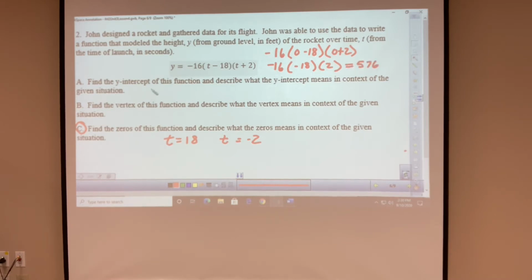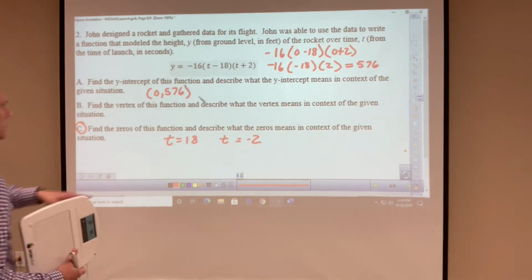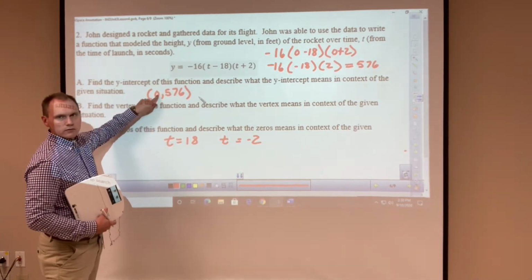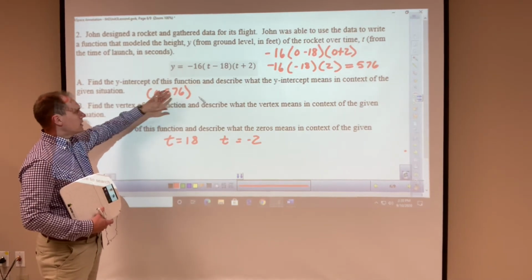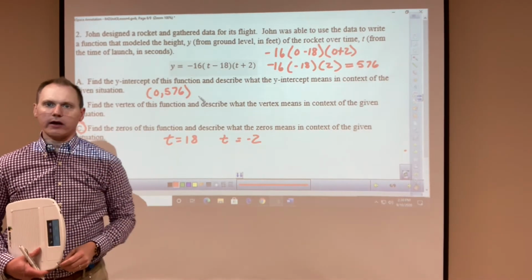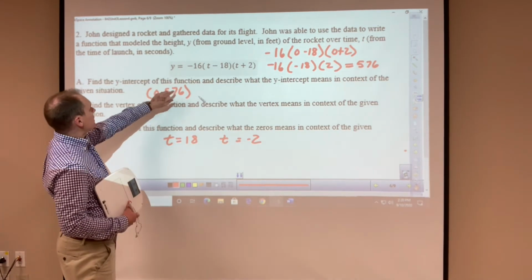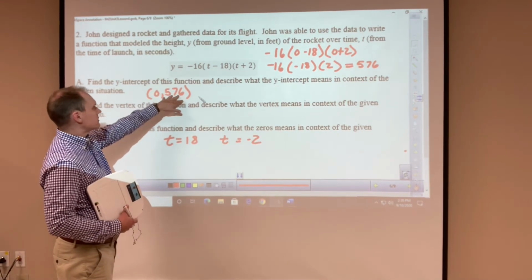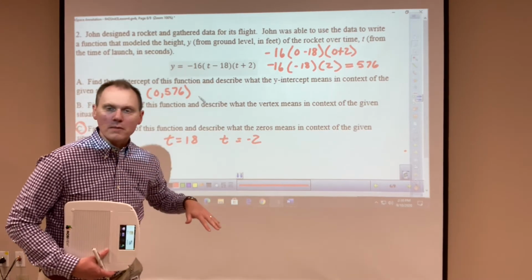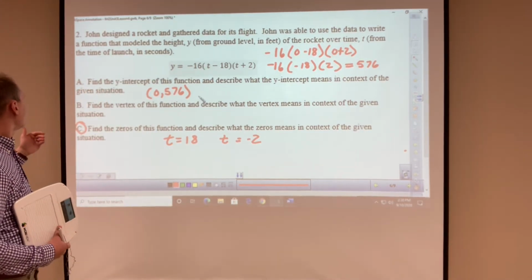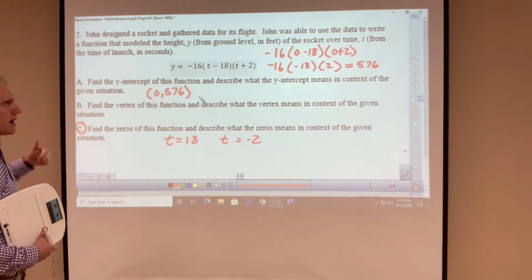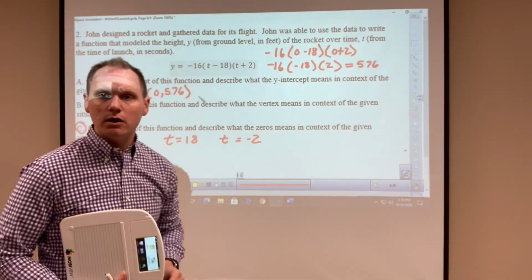So our y-intercept is 0, 576. And again, all we did was we put 0 in for our x value, or t value, and then see what the y value is corresponding to that. So again, that means that it was launched from a height of 576 feet. Now we don't know what it was launched from, maybe a higher building, something like that, who knows?